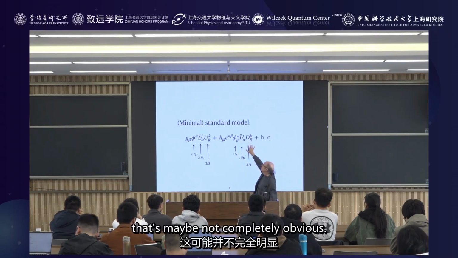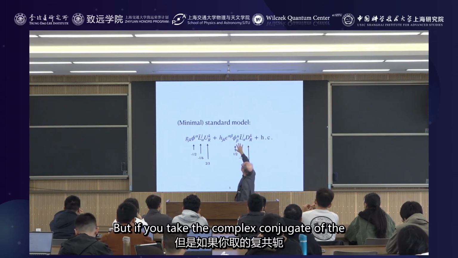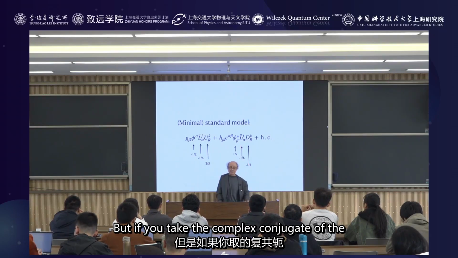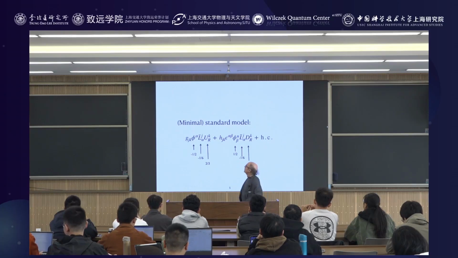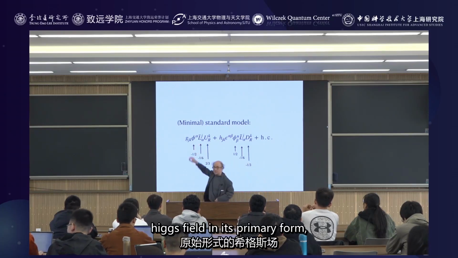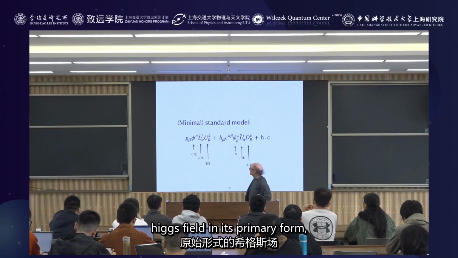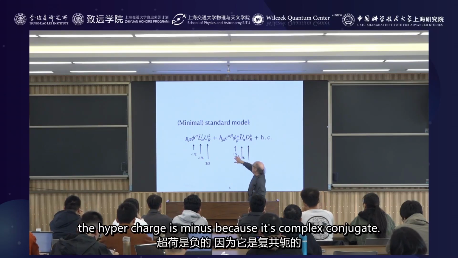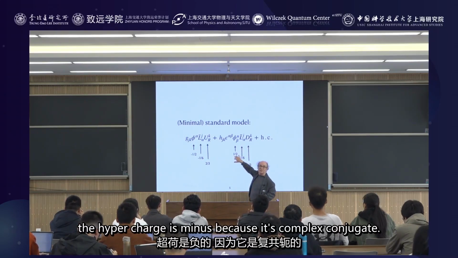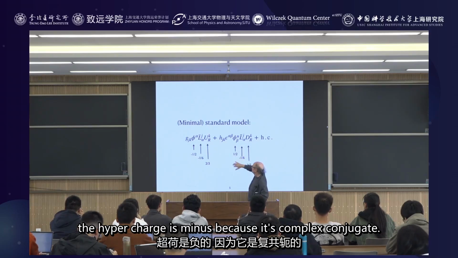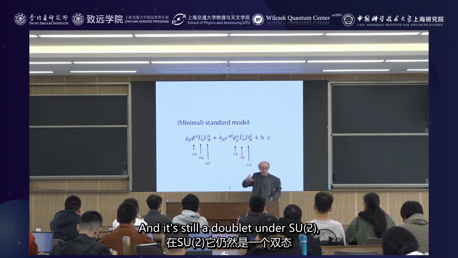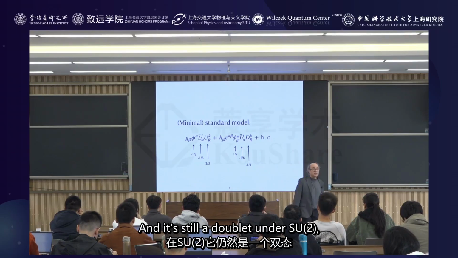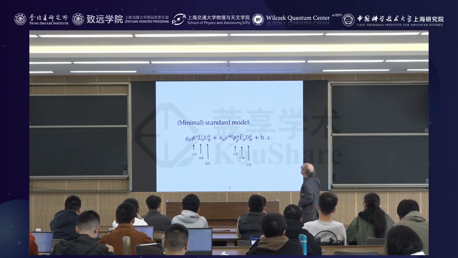That's maybe not completely obvious, but if you take the complex conjugate of the Higgs field in its primary form, the hypercharge is minus because it's a complex conjugate, and it's still a doublet under SU(2).